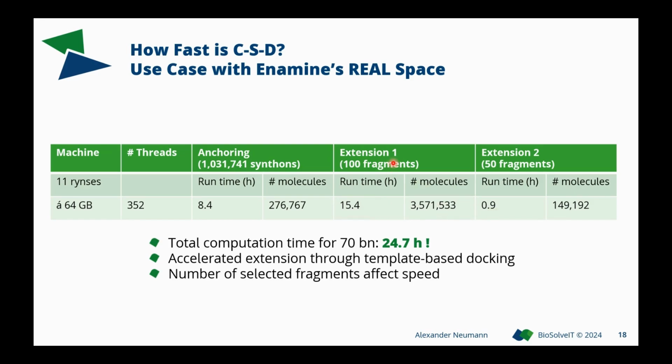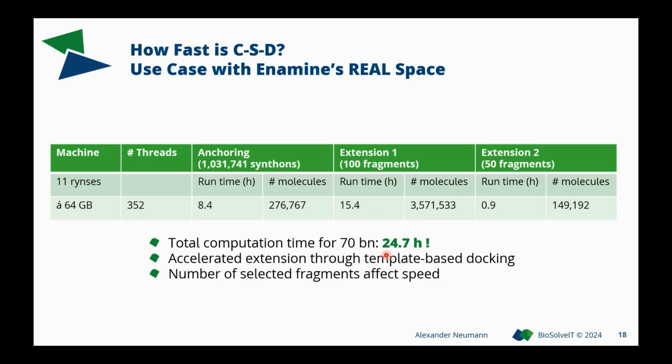The last step, after selecting 50 fragments from those 3.6 million and then finishing the last extension step, we end up with 149,000 compounds, and it takes us less than an hour to dock them. So with our setup that is not huge, I would say this is comparatively normal for a small or mid-sized company.